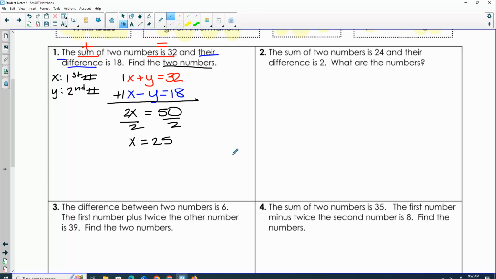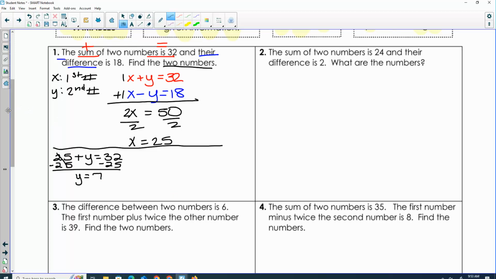Now, what do I have to do? Okay, so if I just go with the first one, x is 25 plus y equals 32. So subtract 25, and y is 7.